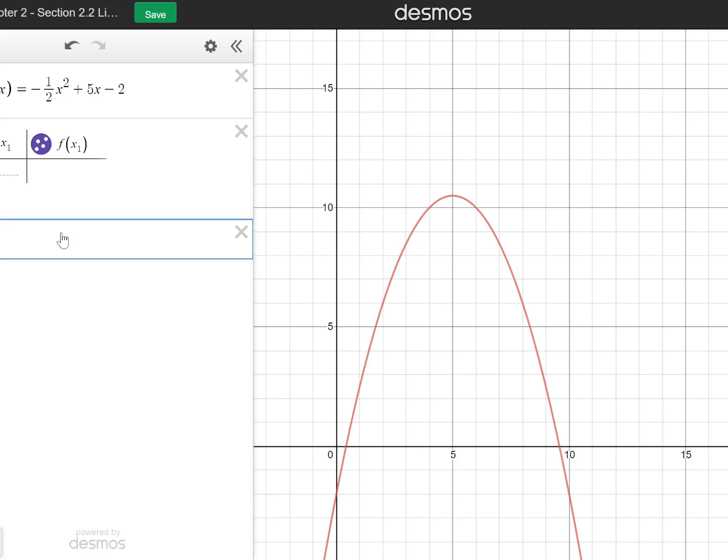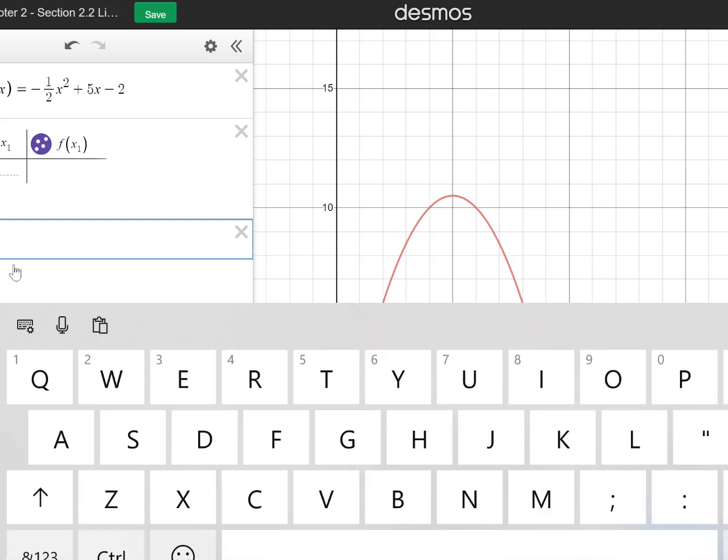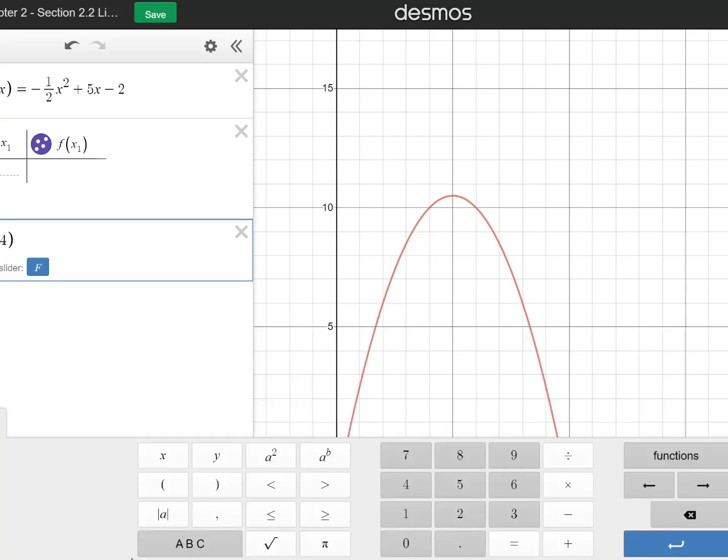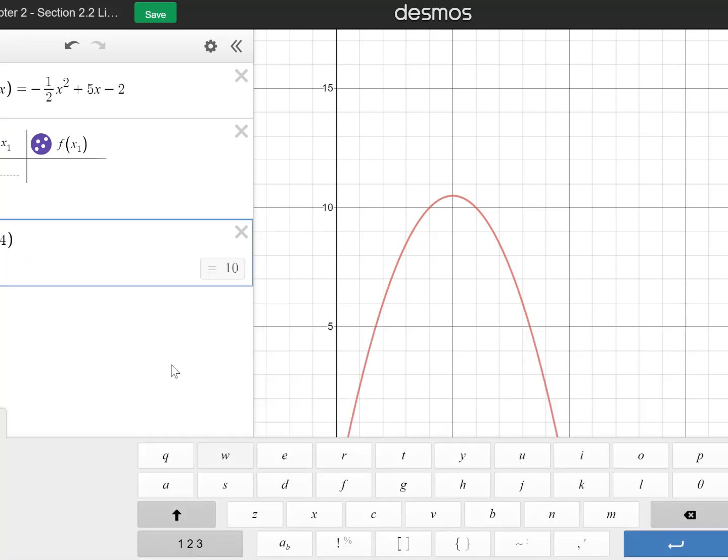If we were to graph it, we could put in little f of 4. And we can see little f of 4, it's this point right here.